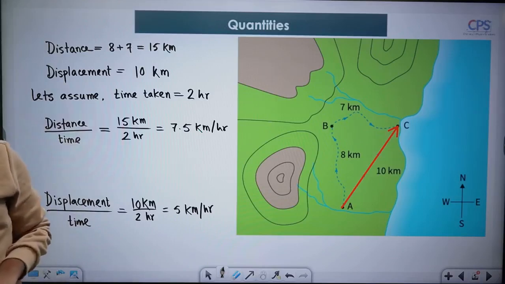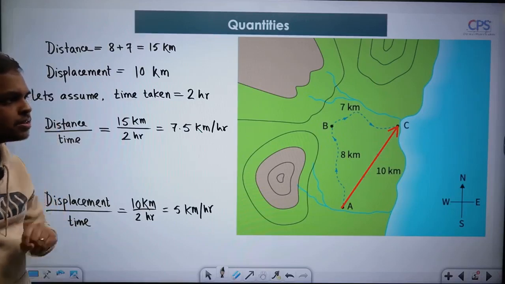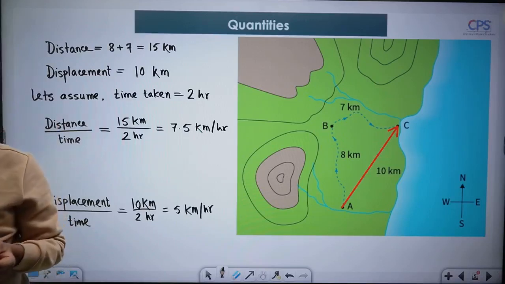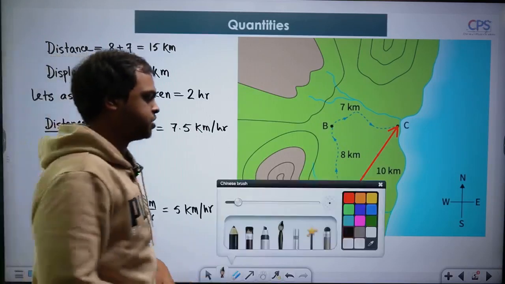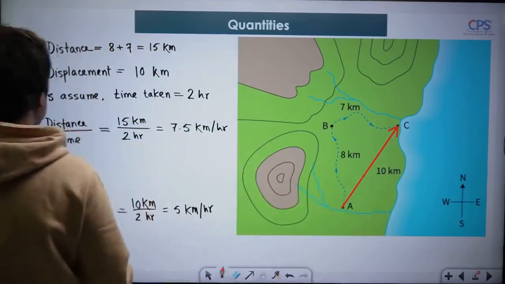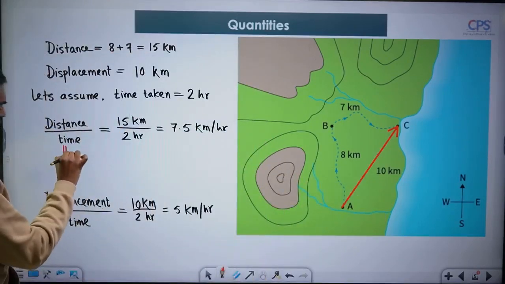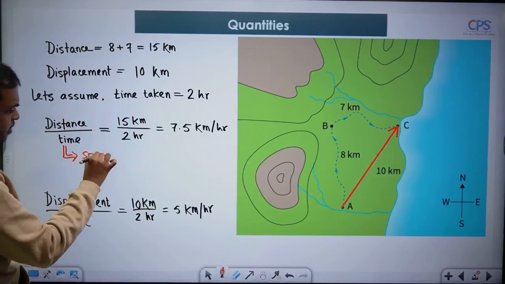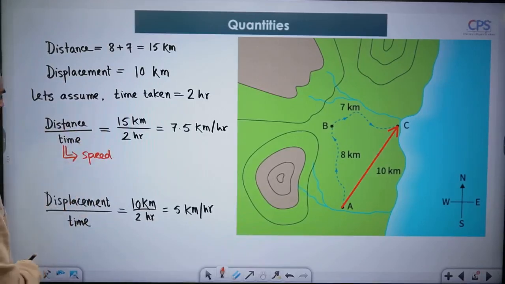So these are of course different, but what should we call them? I might suspect many of you know this. If we calculate the rate of distance, it's called speed. Speed of a particle or speed of a man or speed of a car, anything. So speed is actually distance by time.